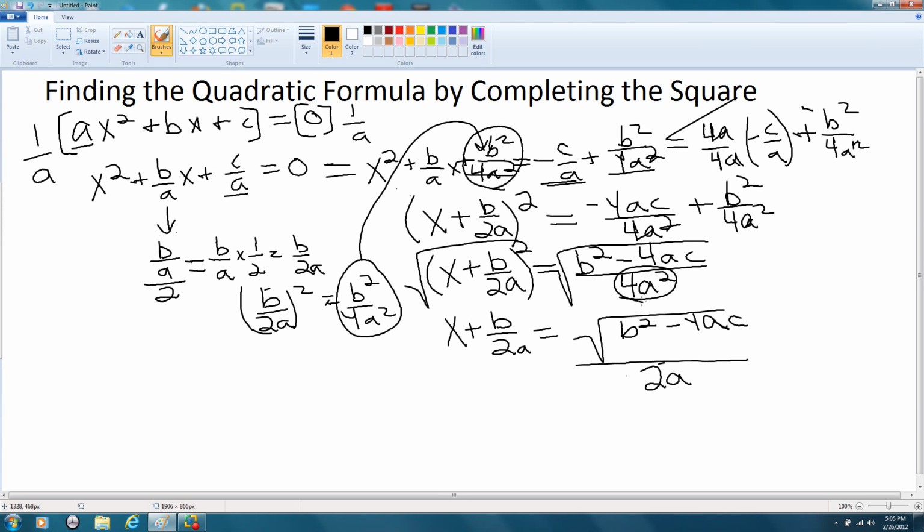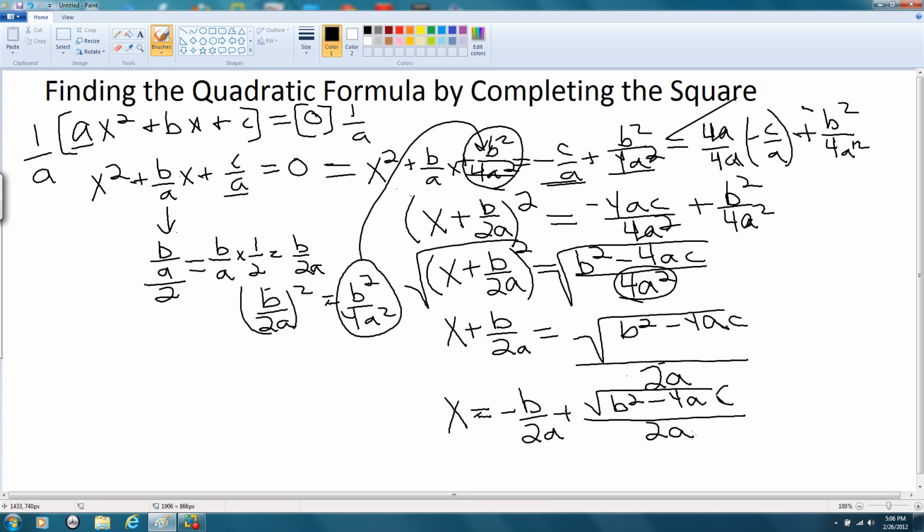But look what we need to do now. We can solve for x by subtracting the opposite of b over 2a from both sides. So now I get x is equal to the opposite of b over 2a plus the square root of b squared minus 4ac all over 2a.